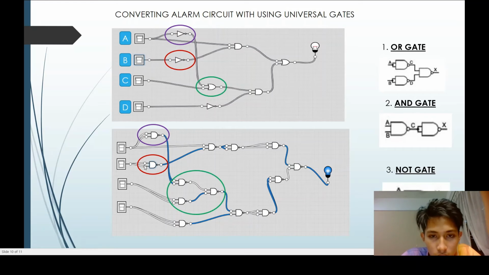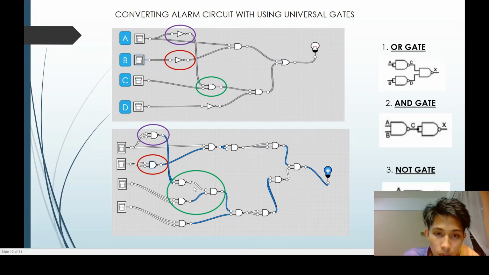So the next one is the green one, which is the OR gate. For the OR gate, what we have learned just now, the OR gate will use three NAND gates here. We need to make sure that two of the NAND gates only use one input.